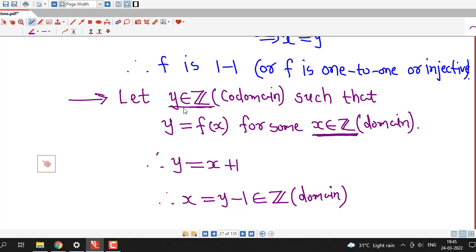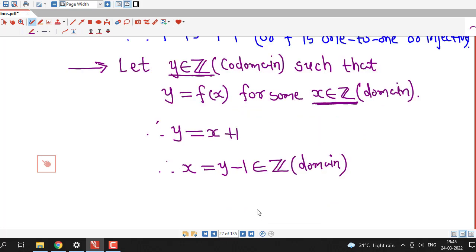So for any y in the codomain, we can find x in the domain such that f(x) equal to y.